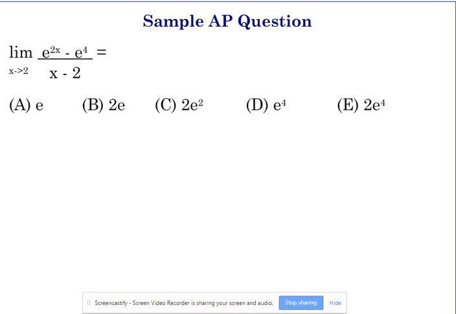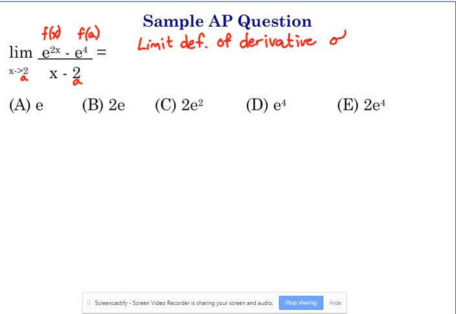But what they're wanting you to recognize is this is the limit definition of the derivative. Okay, this is f of x, this is f of a, here's a, here's a. So this is the limit definition of the derivative of e to the 2x at x equals 2.